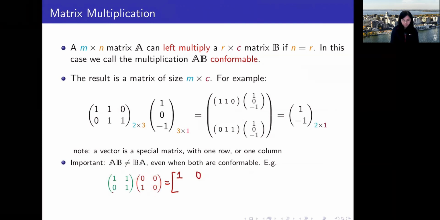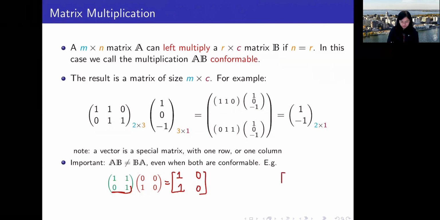You do the same thing for the second row of the first matrix, second row, first column, that gives you 1. You put it in the second row, first column of the product. And second row, second column gives you this element, which is 0.